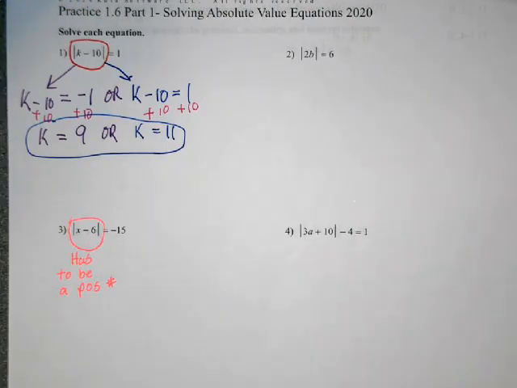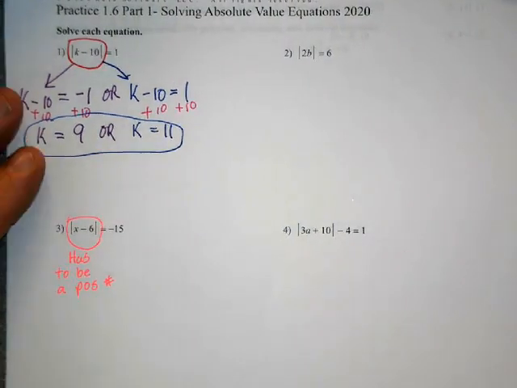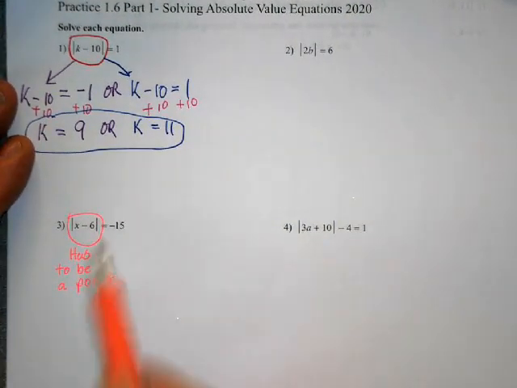Why is it positive? Distance from 0. It's distance. We cannot go -2 feet to the bathroom, right? We can't just walk backwards. So there's no solution for this.